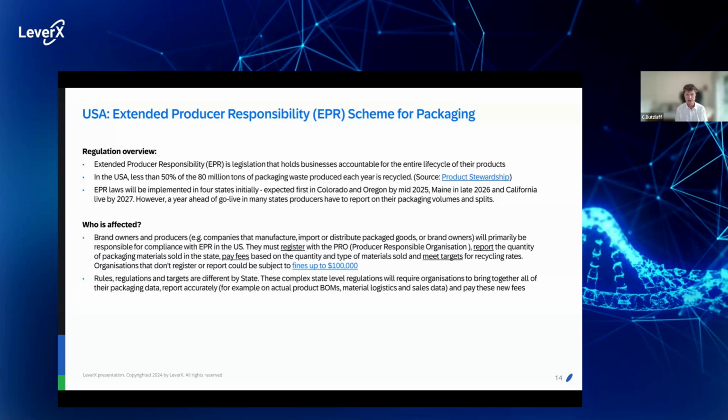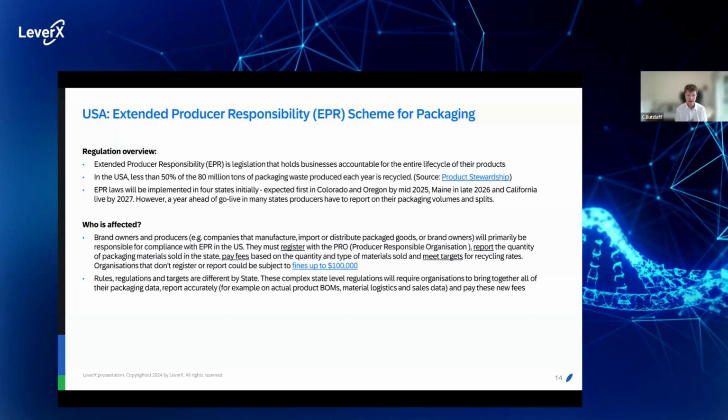They need to register at the so-called PRO, the Producer Responsibility Organization, and then report on a quarterly basis the packaging material which they sold into this market. They have to pay fees based on that and meet certain targets, and unfortunately, there are also fines in case companies are not meeting those requirements. Those requirements differ by state. I mentioned Oregon, Colorado, California, and other states will follow.